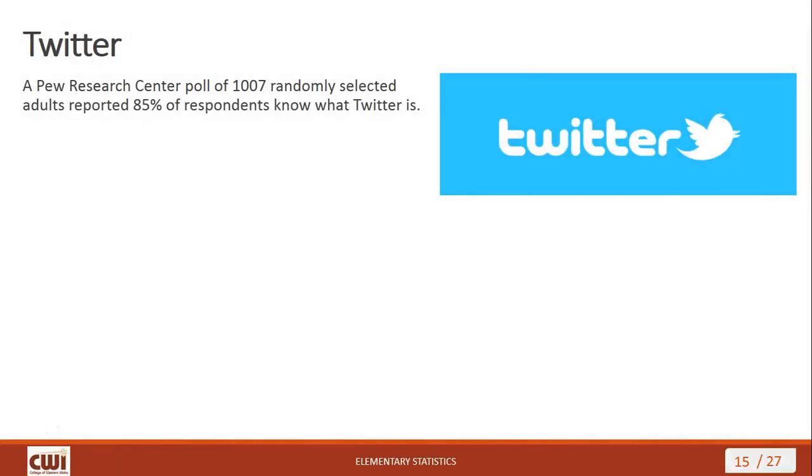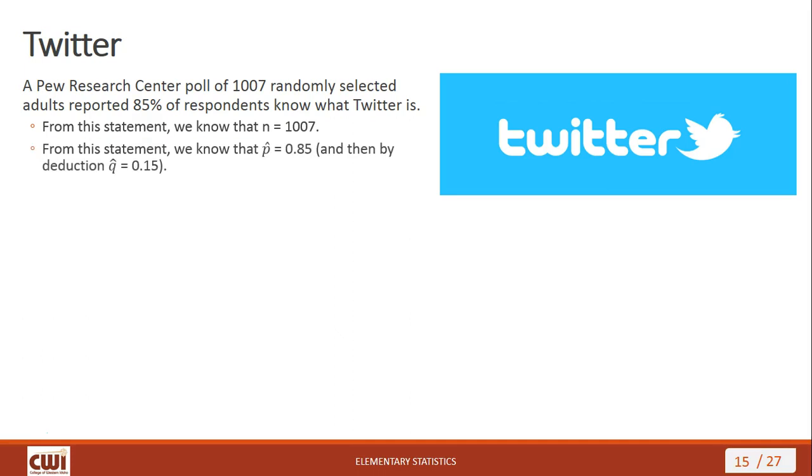Let's look at an example in which we illustrate this construction method. We looked earlier at this Pew Research Center poll, which surveyed 1,007 randomly selected adults and reported that 85% of respondents know what Twitter is. From this statement, we know that our sample size is 1,007.